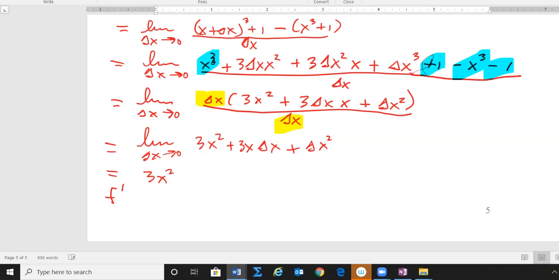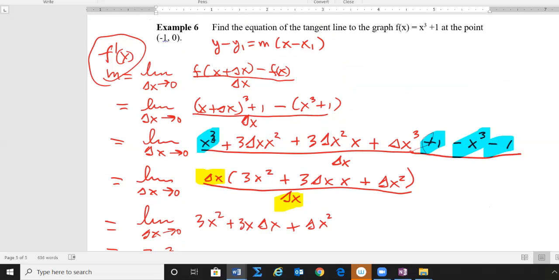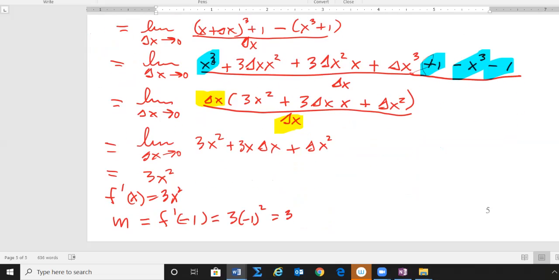So we have f prime of x is 3x squared. Now we calculate m to be f prime of -1, which is going to be 3 times -1 squared, or just a 3. Okay, so that was at the point -1, 0. All right, so here's our slope. It's 3.